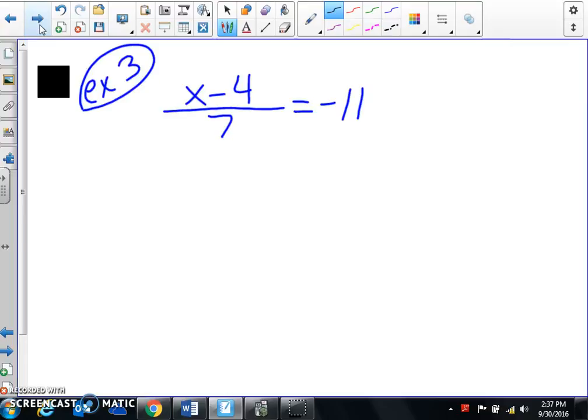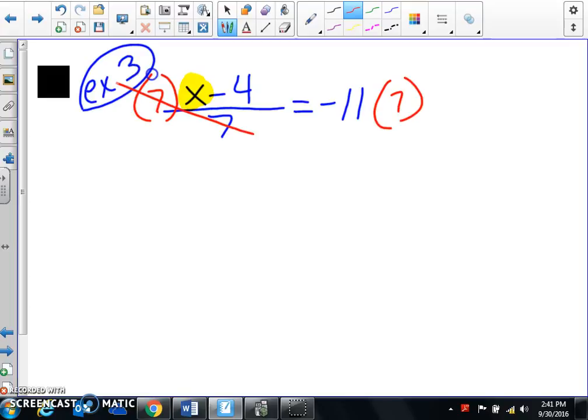Okay, next one. This is x minus 4 all over 7. If it's an all over 7, I need to get rid of that large fraction bar. So to get rid of the all over 7, we have to start by multiplying by the denominator because we have to get rid of that complex fraction.